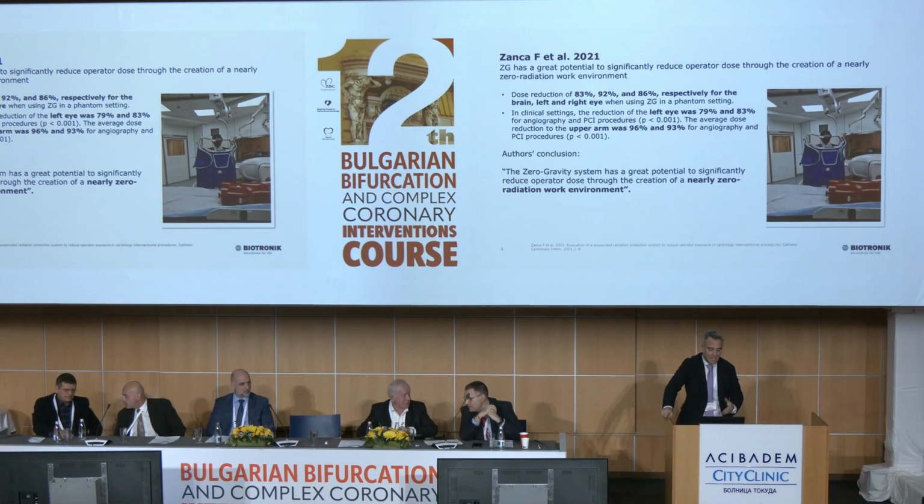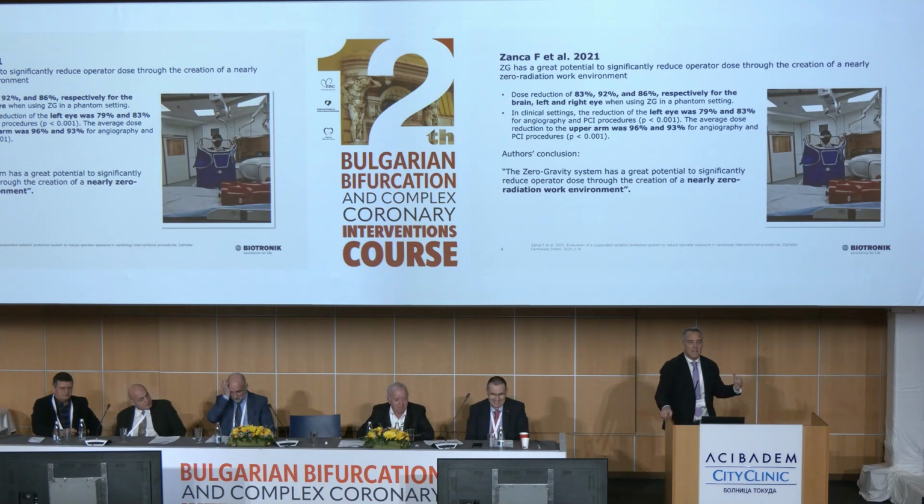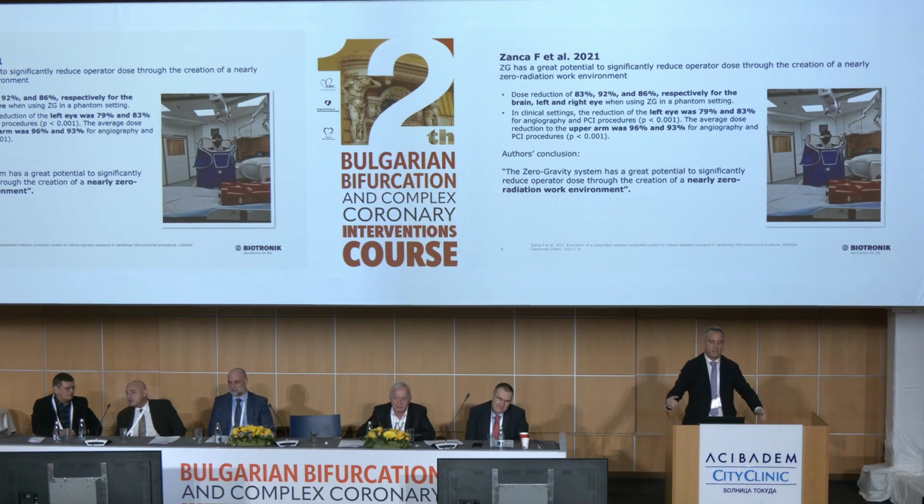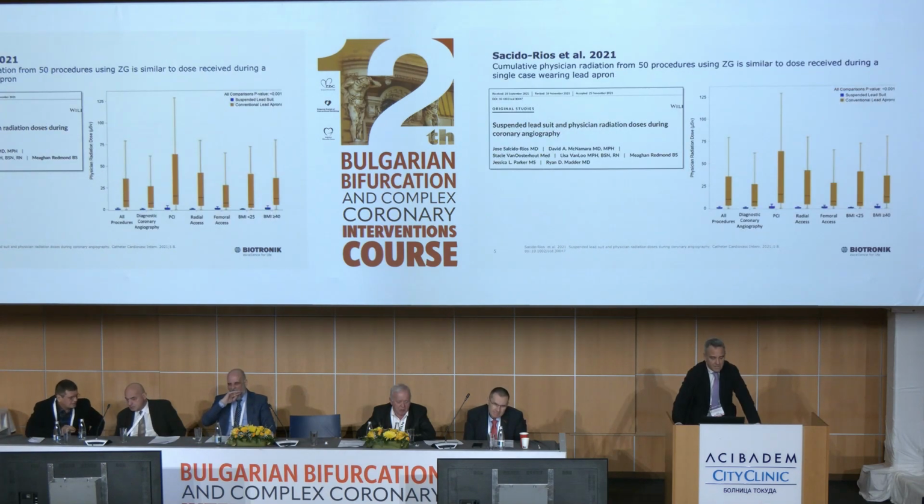And in the clinical setting, this reduction was 73 to 83 percent for this area. The area that is not protected is just the arm, which you put outside of the, let's say, of the vest. So the radiation is nearly zero radiation, and of course, you should not wear any additional vests.